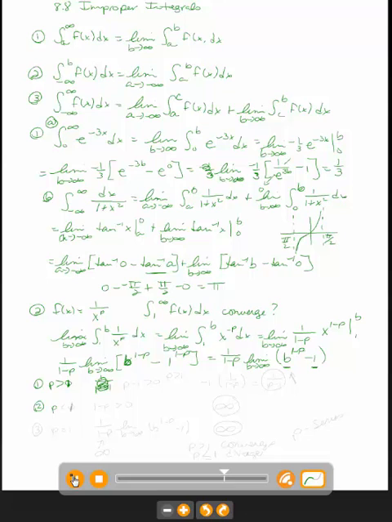Case 2, if p is less than 0, that would mean that 1 minus p, why did I write it backwards? Hang on. Oh, wait. I jumped ahead, and you're not going to understand what happened. If p is greater than 0, then that means that p minus 1 will be greater than 0.